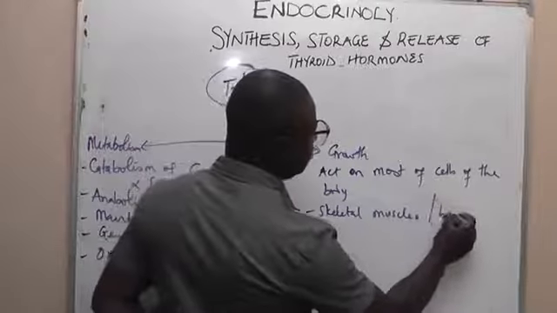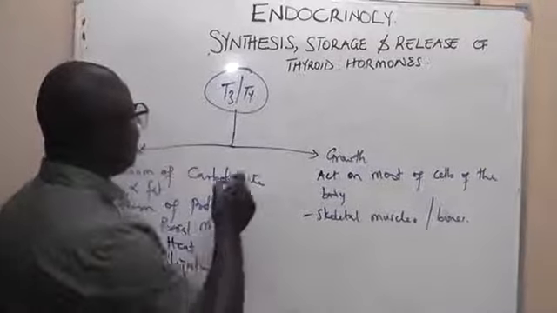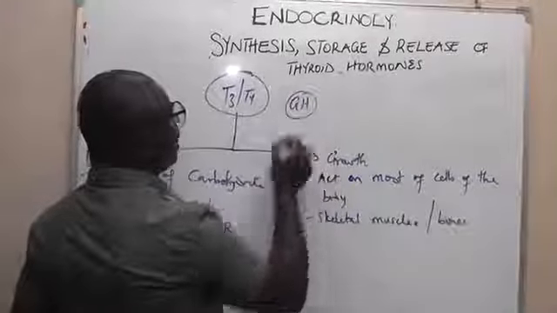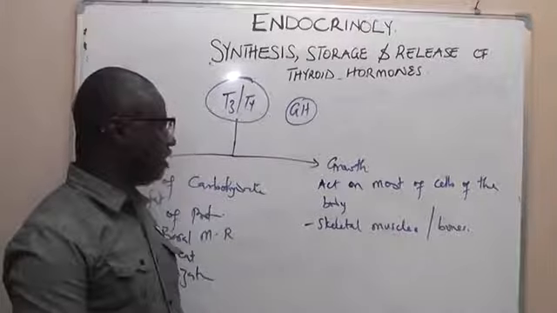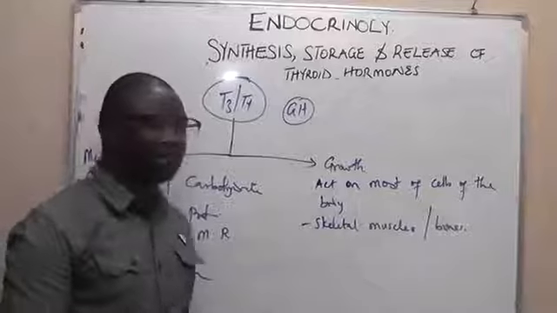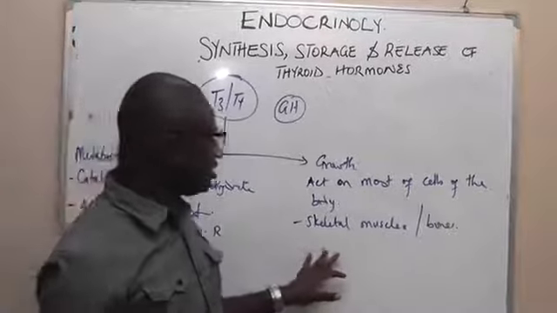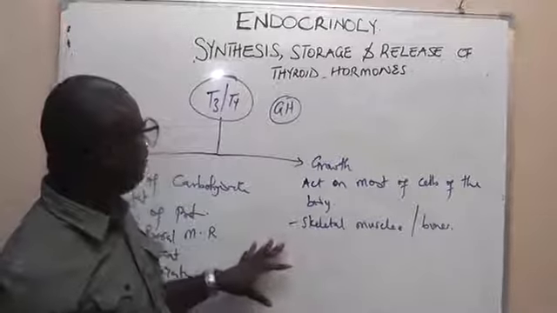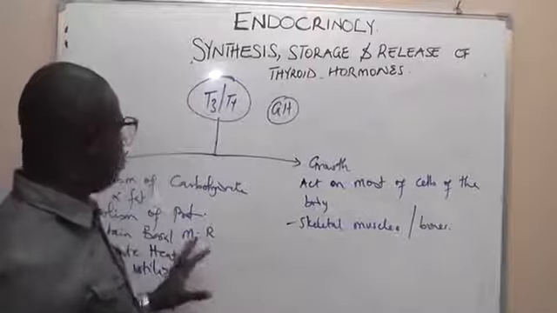All right, bones. So together with growth hormone, if you remember, growth hormone that is produced by the anterior pituitary gland, they help to also regulate growth and some aspect of development. So they are also important in the maintenance of the central nervous system. Okay, so basically that is the function of T3 and T4.